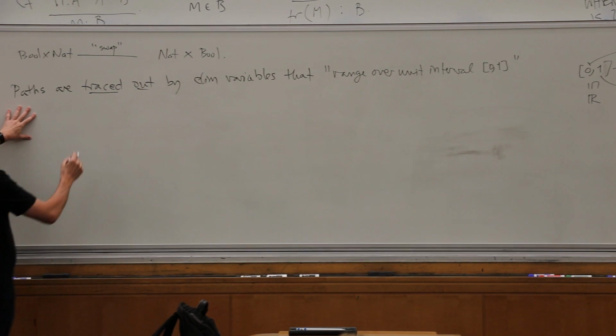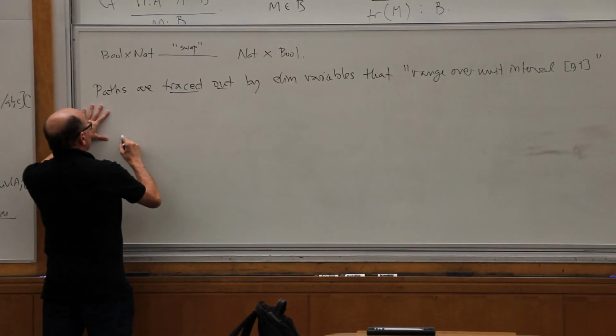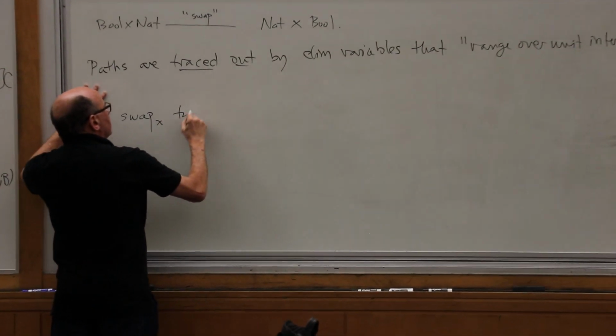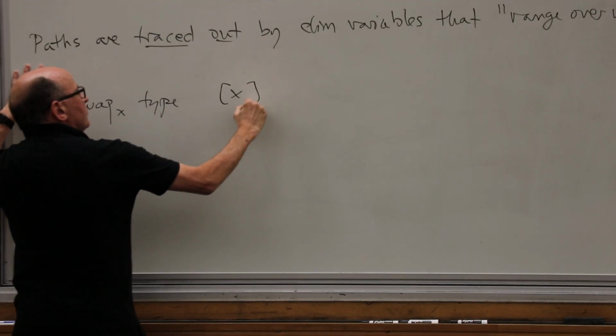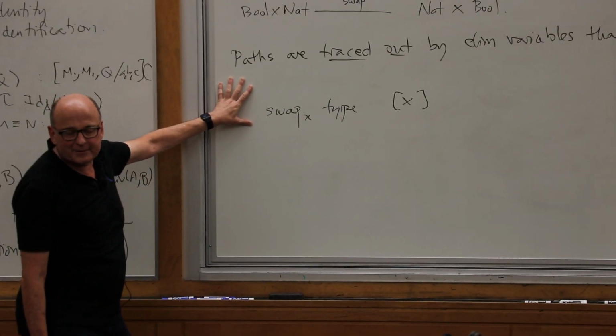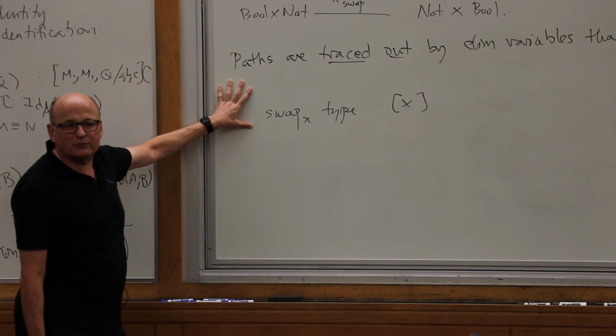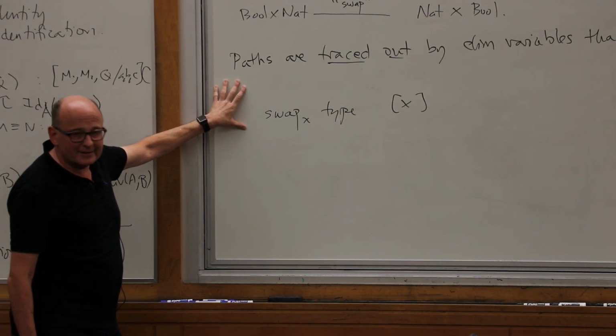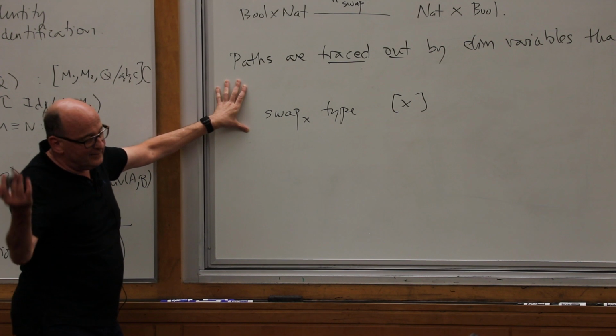Officially, I can write it like this: swap of x is a type parameterized by the dimension variable x. Now you know why all week I was insisting on writing little a for a term variable, because I wanted x to be a coordinate variable when I do dimensions. You have to have some convention.